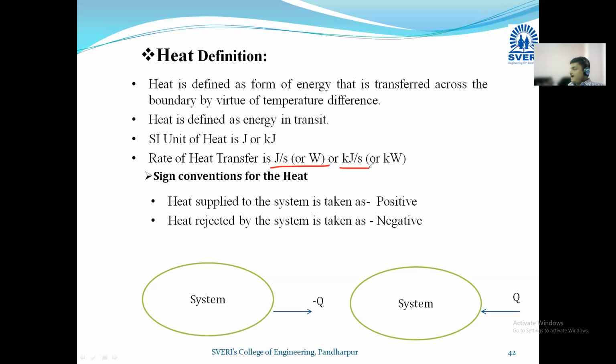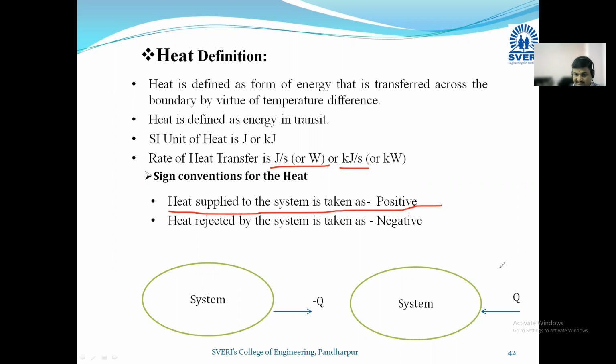Okay, and now here we are going to take the sign convention. Once again, forget about the sign convention in the 12th standard. And here what sign convention we are going to take? The heat supplied to the system is considered as the positive.